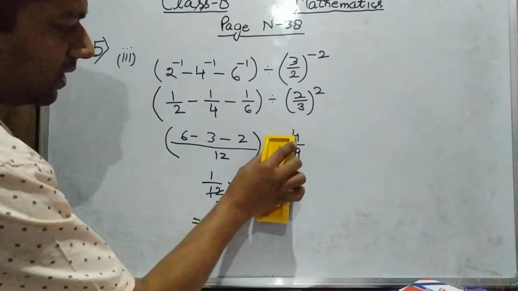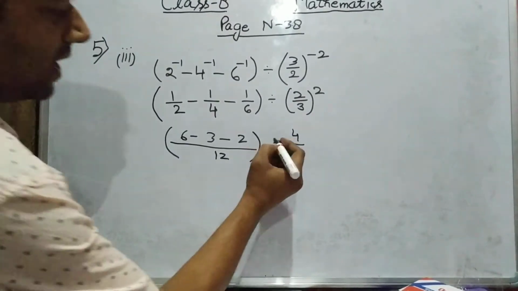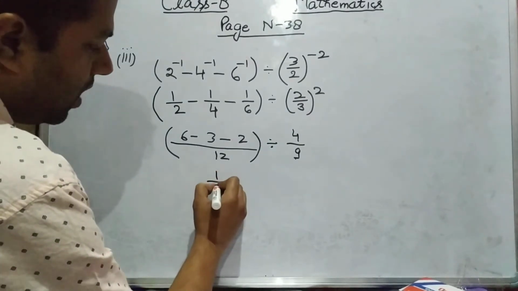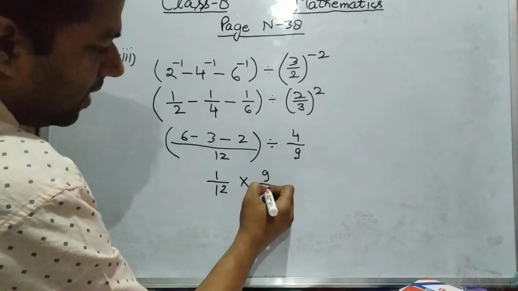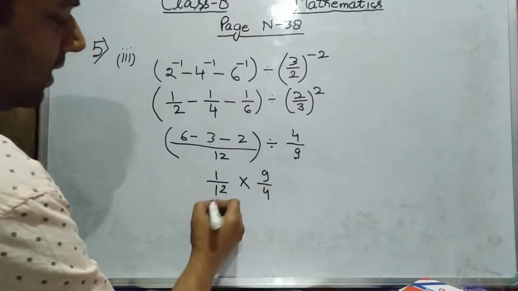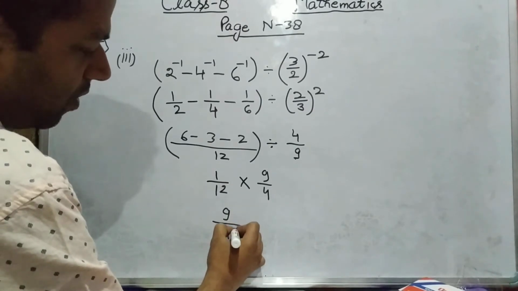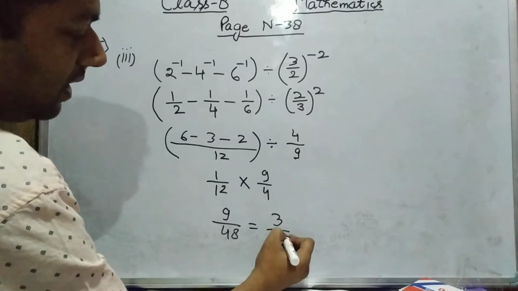So you just do one thing: make the divide sign here first. In the next step, 1 upon 12 multiply 9 upon 4, that is 9 upon 48, or we can cut it by 3 and get 3 upon 16.